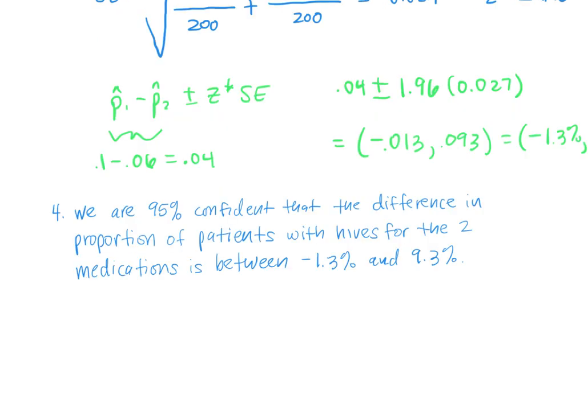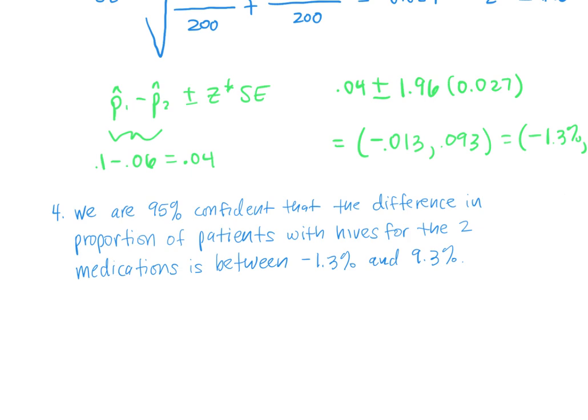Step 4, we would interpret the confidence interval to mean we are 95% confident that the difference in proportion of patients with hives after 30 minutes for the two medications is between negative 1.3% and positive 9.3%. So the lower bound is a negative number.